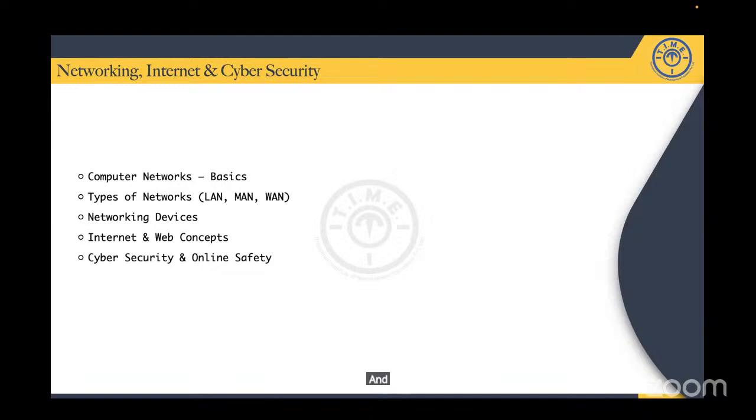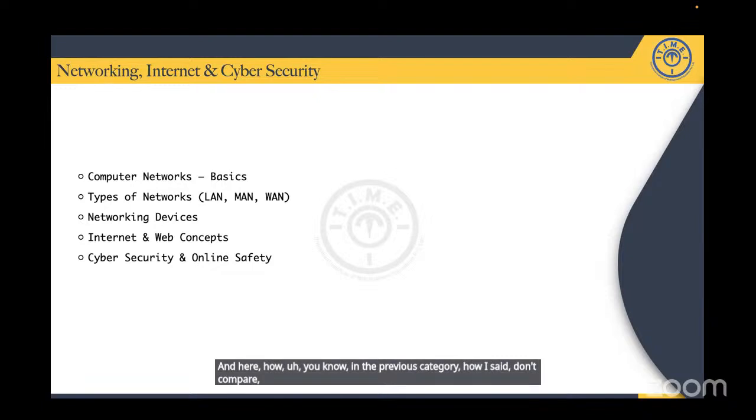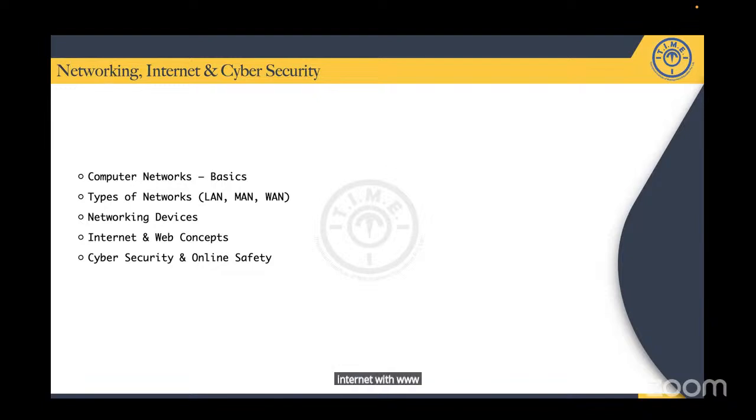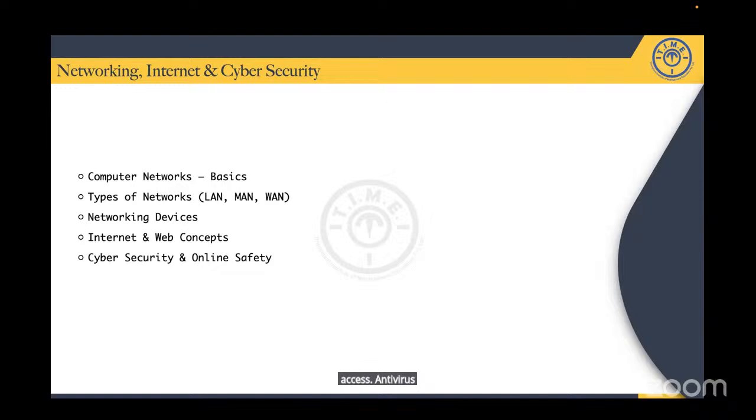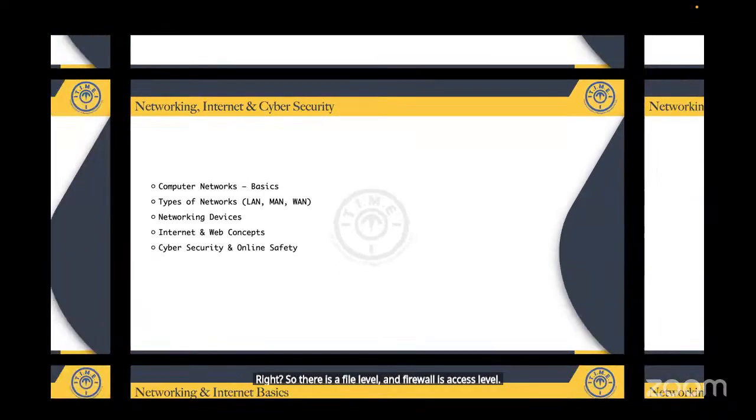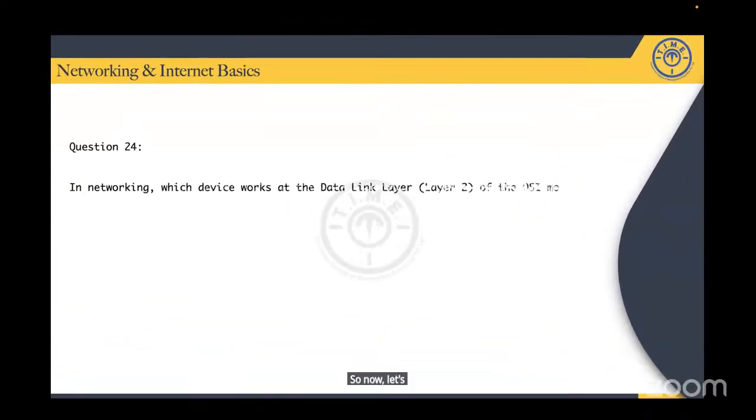And just as in the previous category I said don't compare internet with www, similarly here, please don't compare antivirus with firewall. Firewall is different, antivirus is different, right? A firewall blocks unauthorized access. Antivirus will protect the files. So that is file level, and firewall is access level. Now let's jump on to the questions.